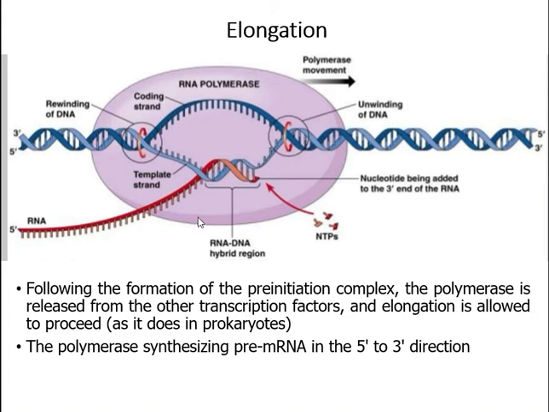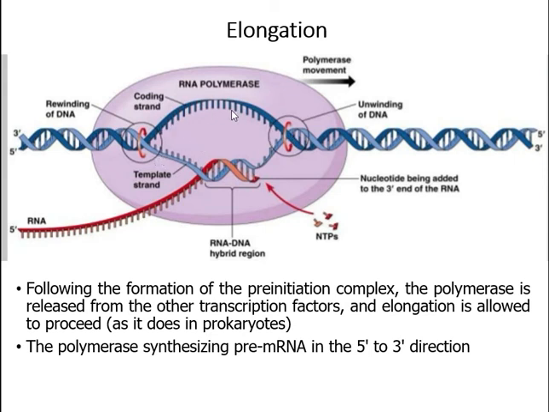The other aspects of elongation are the same as in prokaryotes. The pre-initiation complex is formed, the polymerase is released from other transcription factors, and elongation is allowed to proceed as in eukaryotes. So elongation is taking place, the mRNA is formed here, this is the DNA, the transcription bubble, all you can see.